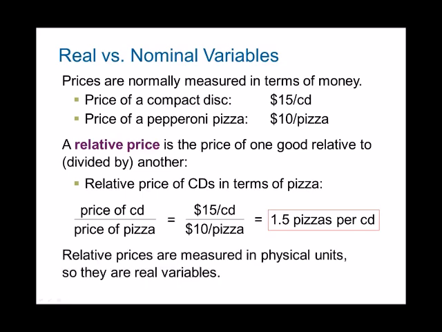So relative prices are measured using physical units, so they are real variables. We have something very concrete here, in this case pizza, that has a certain value, and we're measuring the value of other products using the pizza.